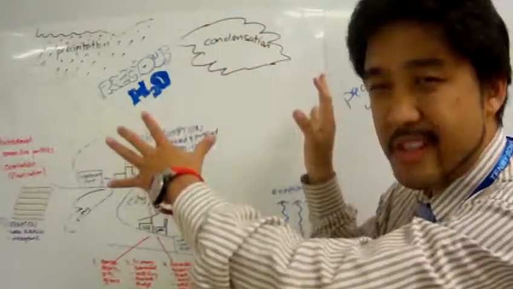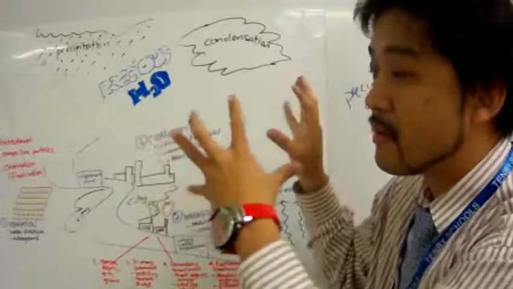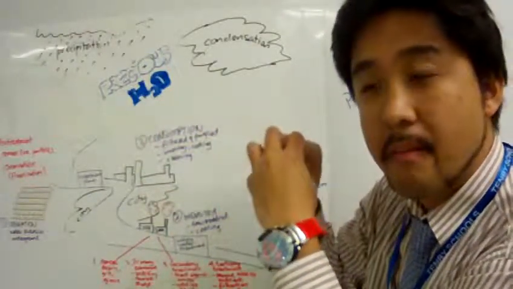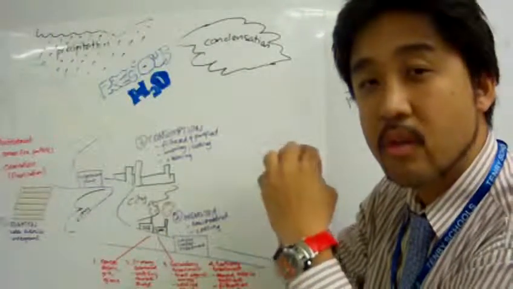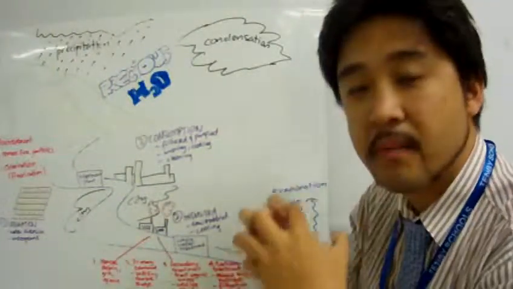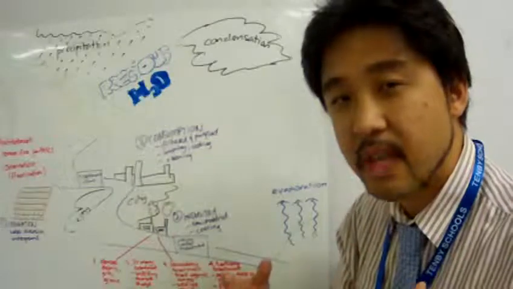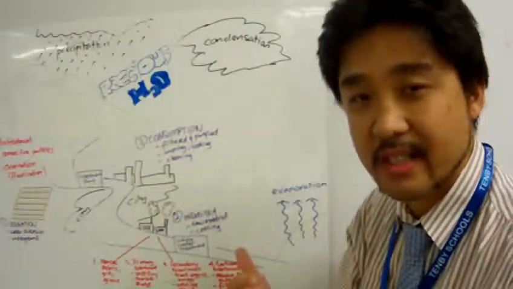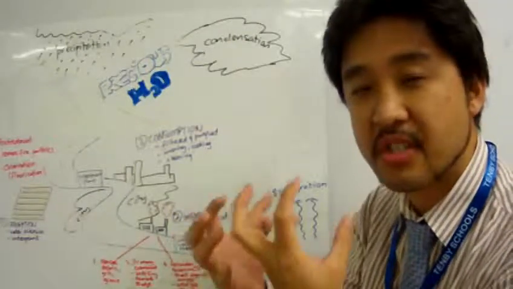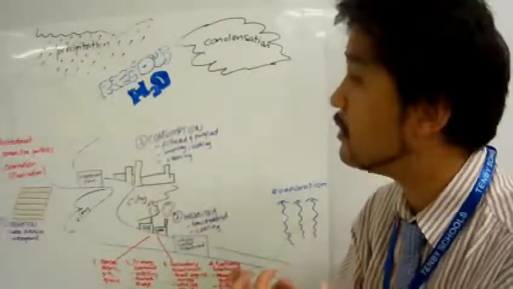In the atmosphere, when enough molecules of water come together, they will condense and form clouds. Now, there are several types of cloud formation, but the one we're interested in is when clouds become dark and gray.